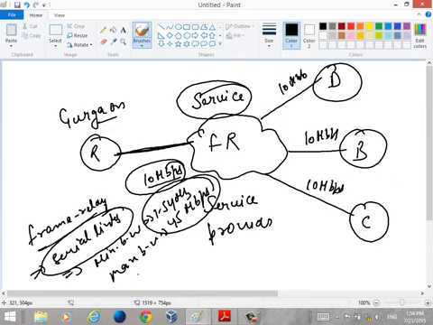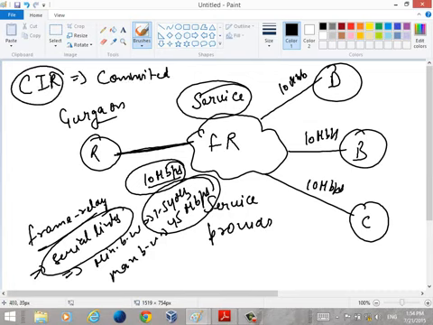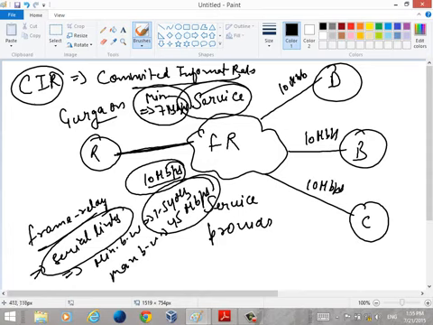Now, if frame relay provides me a connection of 10 Mbps, he will not always provide me 10 Mbps. This is the first thing. What he will say is that there is something called CIR. CIR means committed information rate. That I will provide you a minimum speed all the time. Let's say 7 Mbps.